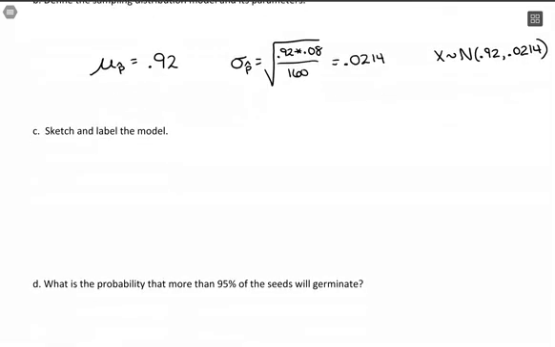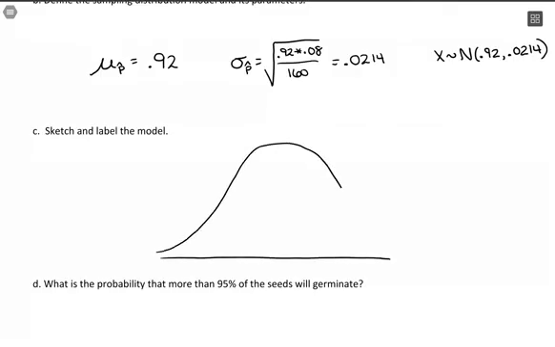So, to get a sketch of the model, we have a bell-shaped curve. The center of that curve will be 0.92. And we'll go two standard deviations above and below, moving by units of 0.0214.